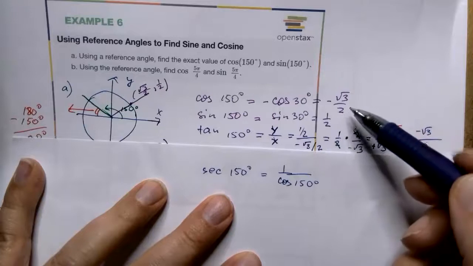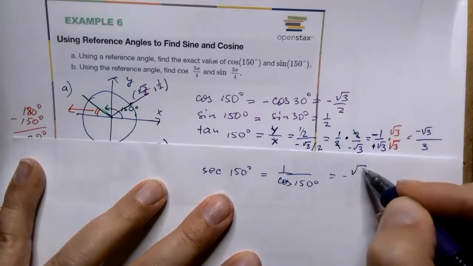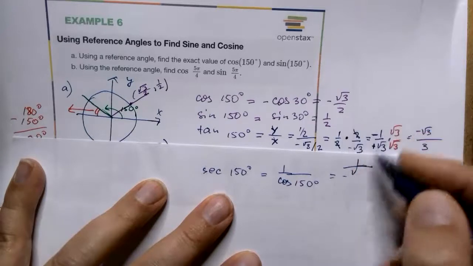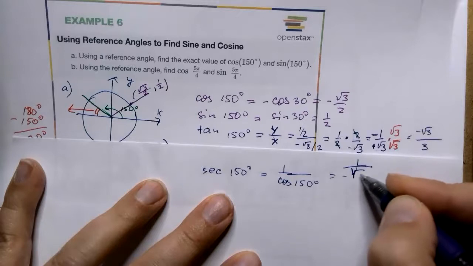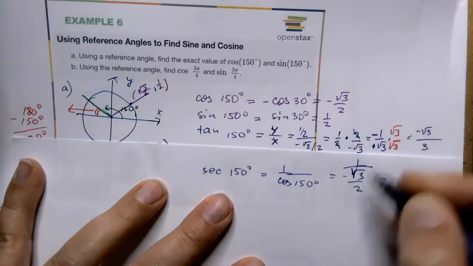So we have the cosine of, it's actually 1 divided by negative square root of 3 over 2. But that just means just take it and flip it.